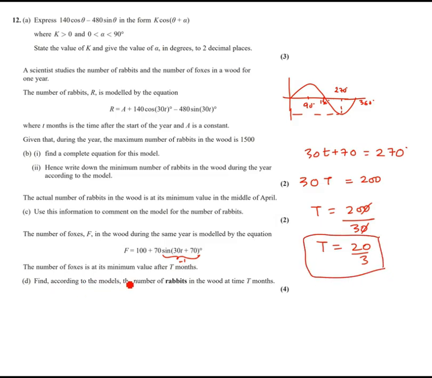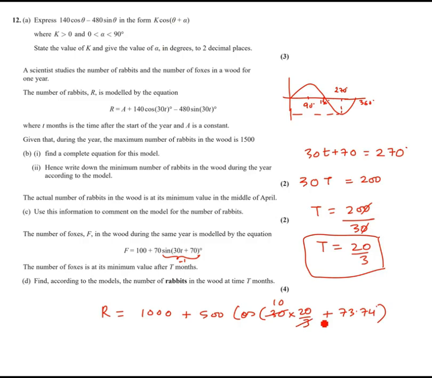Okay, now find, according to the model, the number of rabbits in the wood at time t months. So all we have to do is substitute the value of t in here. So that means R will be 1000 plus 500 times cos(30 times 20 over 3 plus 73.74). So 3 times 10 is 30, so that becomes 200.